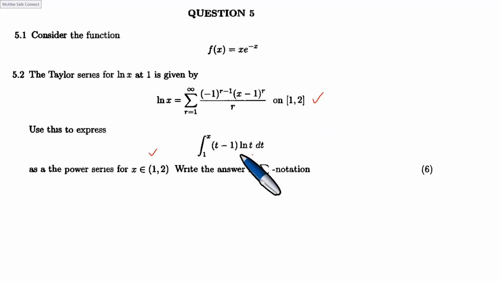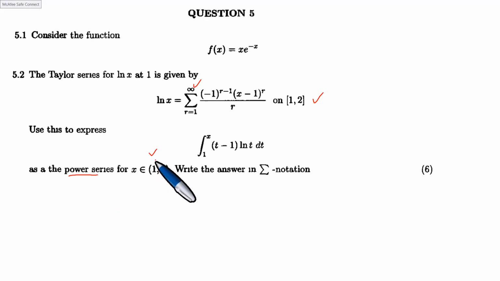Use this to express this integral from 1 to x as a power series, so it must go up to infinity, for x between 1 and 2. Write the answer in sigma notation. What do we do here?